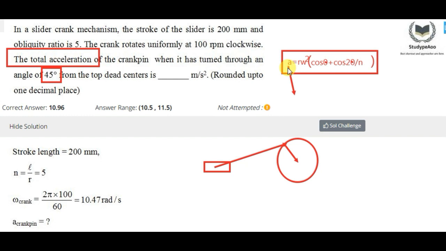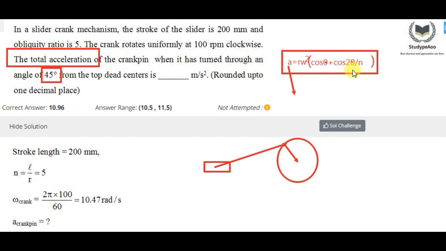But in this question, what has been asked to us is the total acceleration of crank pin. So here is the key. In this question, the total acceleration of crank pin has been asked, but if we are using this formula, then we are wrong. Why? I have already told you that this formula is for acceleration of piston.